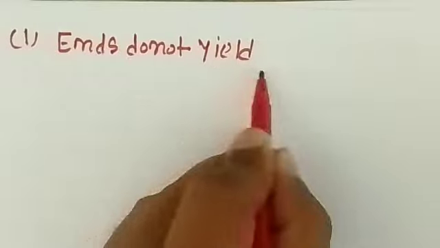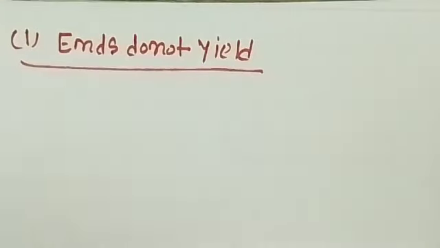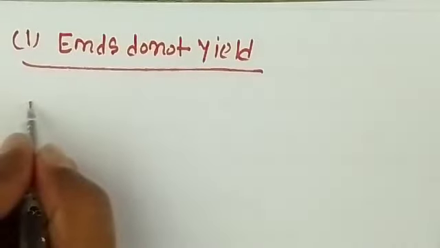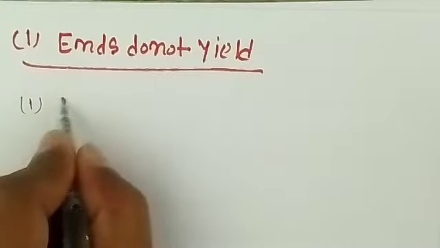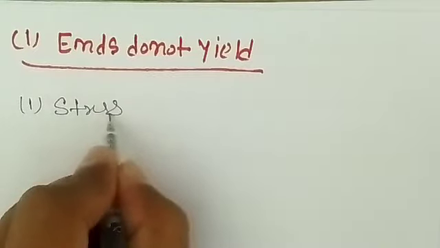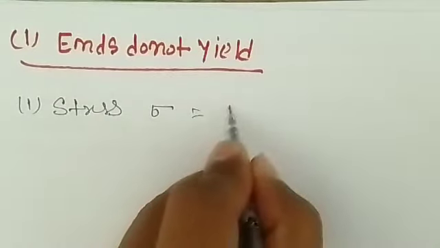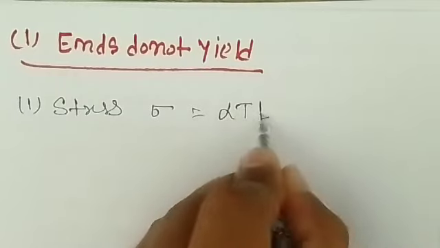Do not yield means delta is 0. First we have to find the stress, that is, stress sigma is equal to, without yielding, alpha T E.